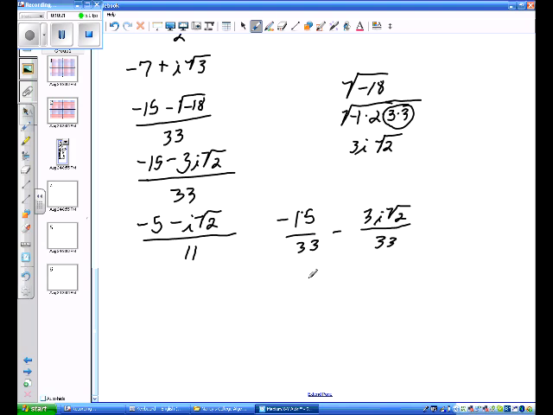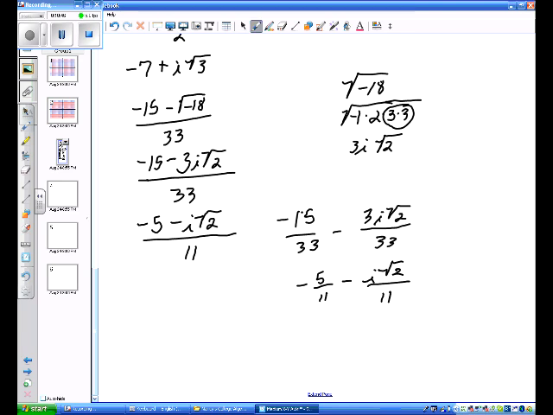So again, these are both divisible by 3, which would give us negative 5/11 minus i square root of 2/11. And doing it this way, it might be that you don't always have the same denominator because they might reduce in a little different form.